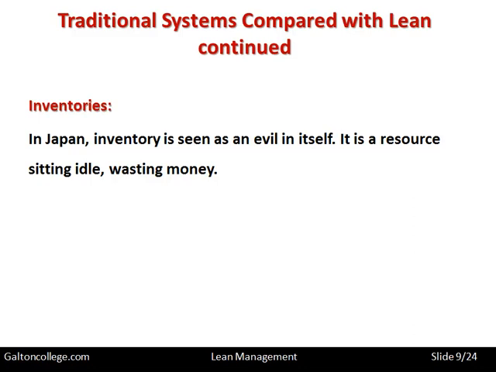Inventory represents an expenditure on the part of the business. The raw materials or the components that have been purchased come into the company and just sit there waiting to be used. So trying to reduce inventories is essential, and with lean management, that's a big part of the drive, to try and reduce inventories to the bare minimum.